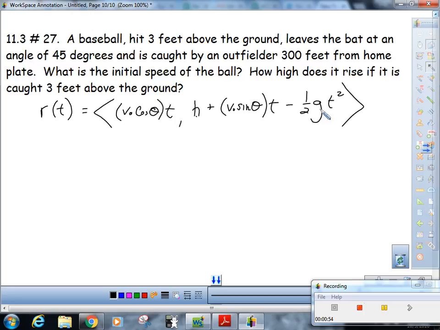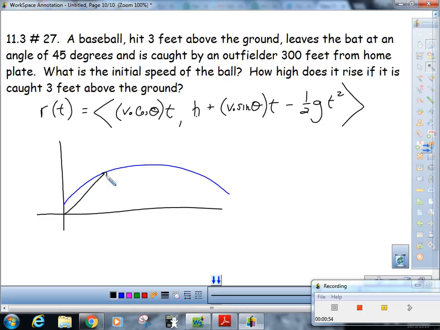So first, I want to make sure you guys understand the setup of the problem. That's the path the ball has taken, okay? Remember that a vector-valued function produces vectors over periods of time.